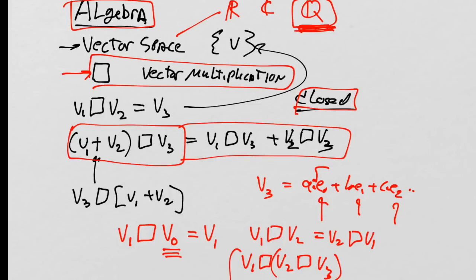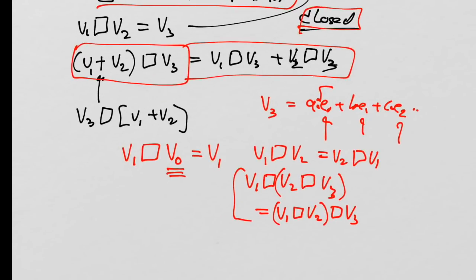You do have to have an identity, and every element has to have an inverse in the sense that V1 vector multiply V1 inverse equals the identity element, right? And we'll probably write it this way, 1. We'll call the identity element 1. And that's what makes a field.